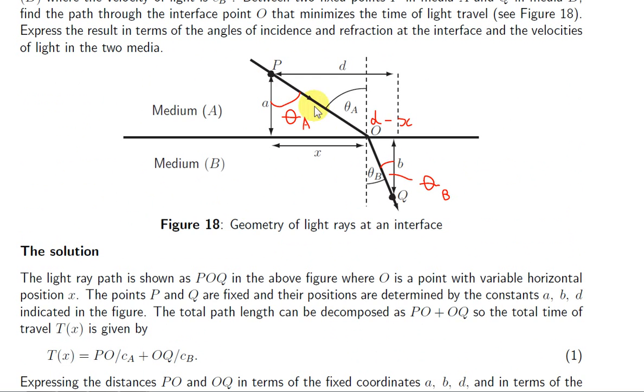So that means that the light is traveling more quickly in this first medium and it slows down. And when it slows down, the light ray is bent towards the normal. If light traveled more quickly in medium B, then the light ray would be bent further away from the normal. So the angle of refraction would be greater than the angle of incidence.